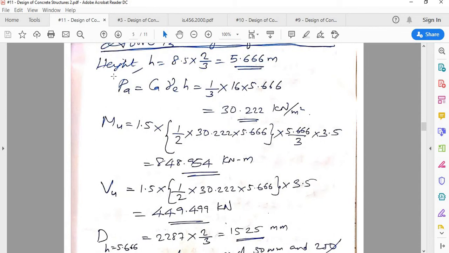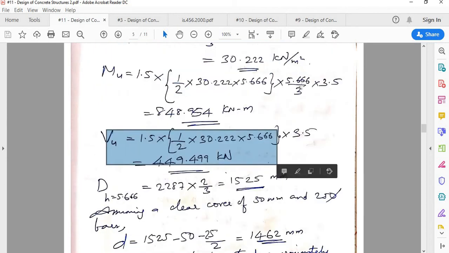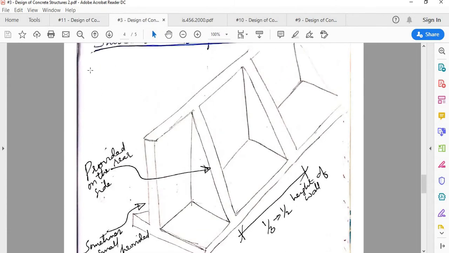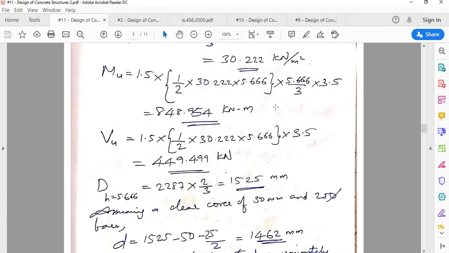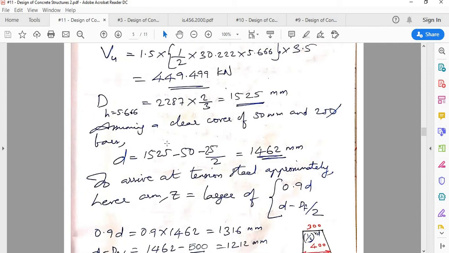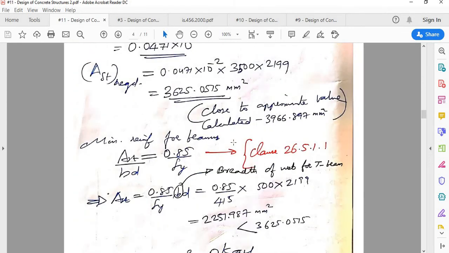So based on that you calculate the reduced active pressure, factored bending moment, factored shear force. Again, don't forget to include the depth, because now you have to consider the spacing of the counterforts, right? You are not designing it for unit length. So we repeat the same procedure that we did for the base, right?